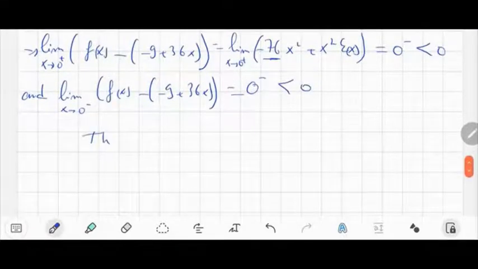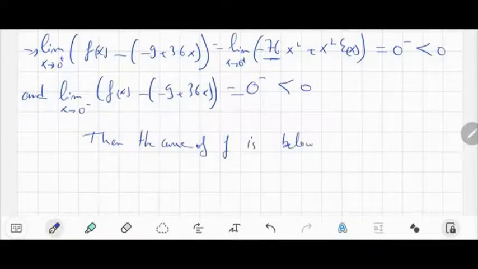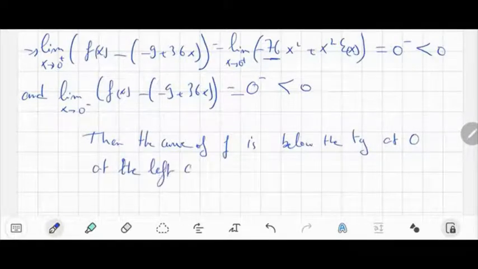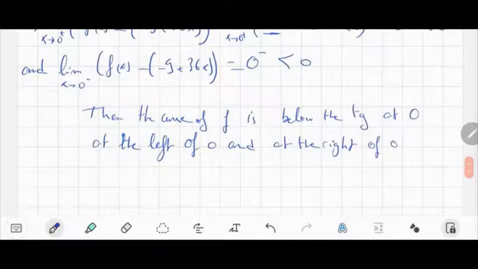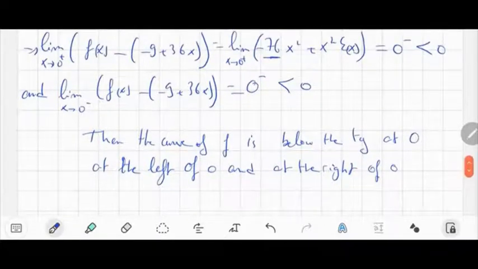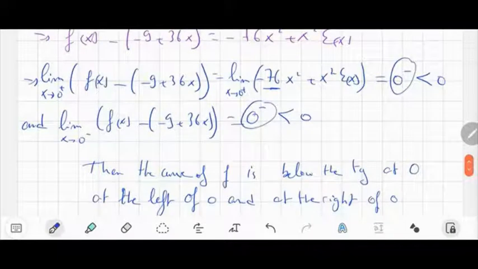Then the curve of f is below the tangent at 0, at the left of 0 and at the right of 0. If we obtained 0 minus and then 0 plus, it would mean that on one side it's below and on the other side it's above, but here both are negative, so the curve of f is below the tangent at 0.